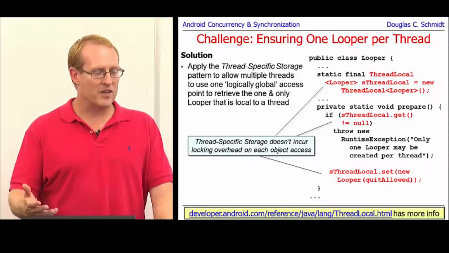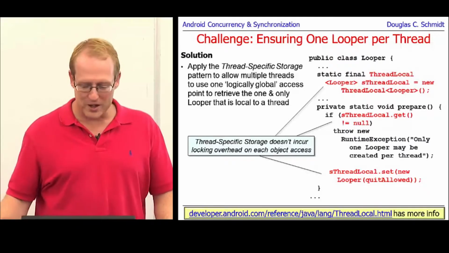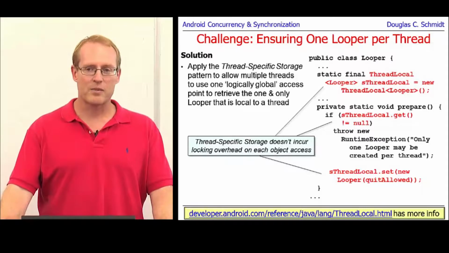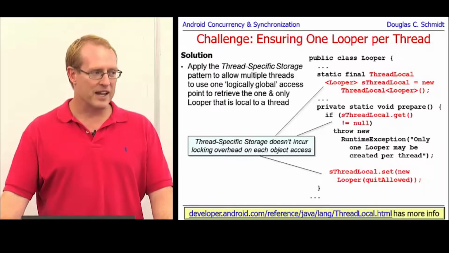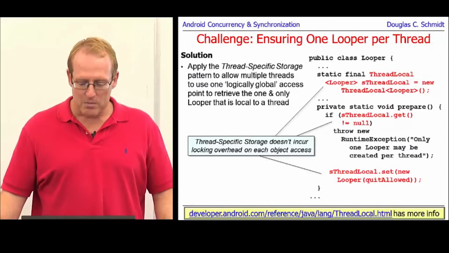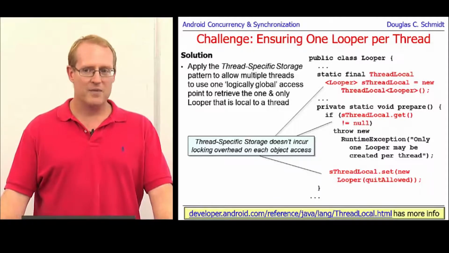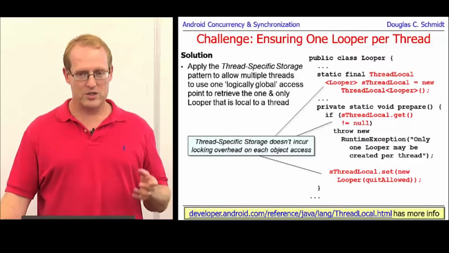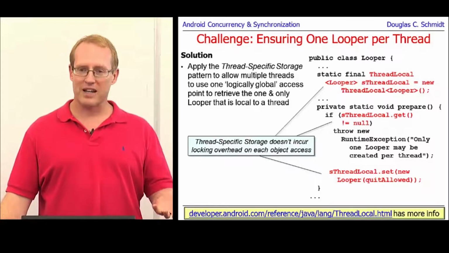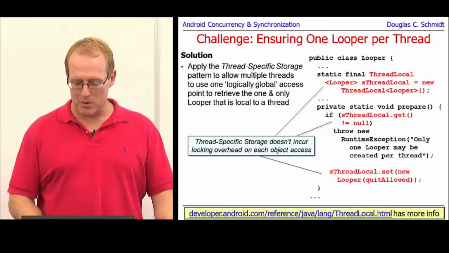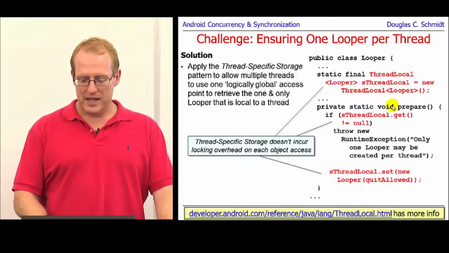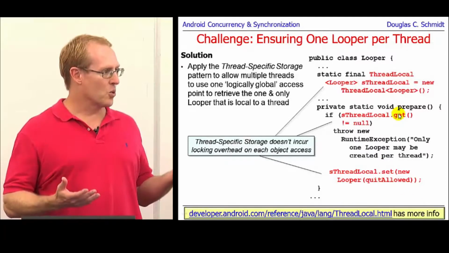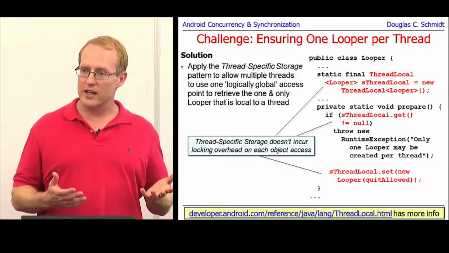So here's an example of how this works. We'll look at more of this example later, after we talk in more detail about how the pattern is specified and how the implementation in Android works. Basically, the looper contains a ThreadLocal object, which is a generic that's customized by looper. As you can see here, what prepare does is it asks, has anybody stored something into thread-specific storage yet?